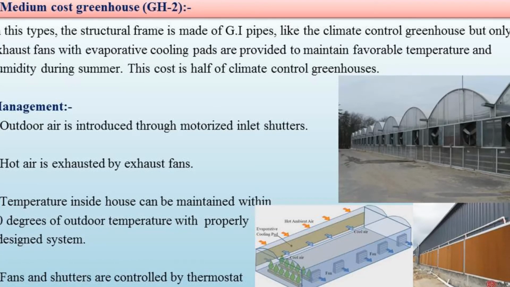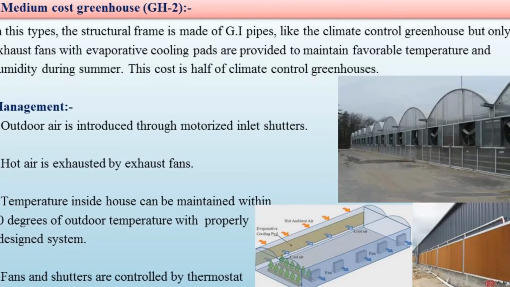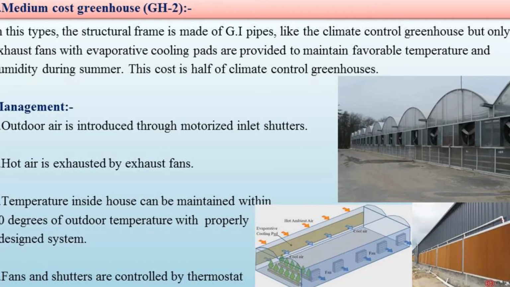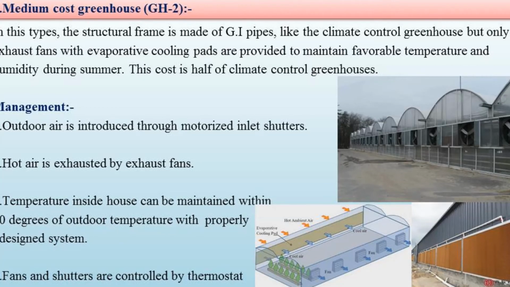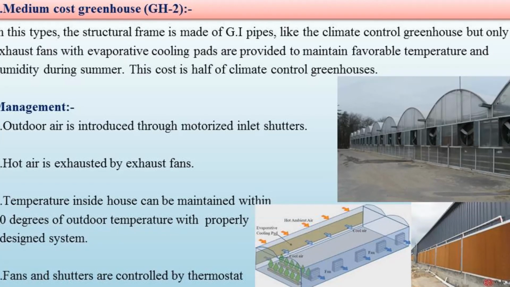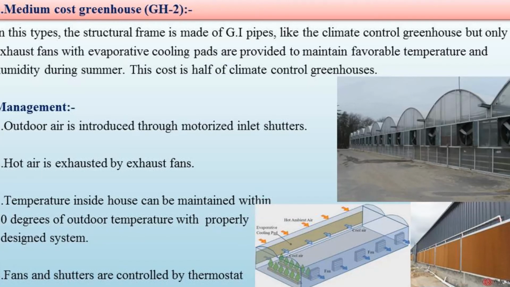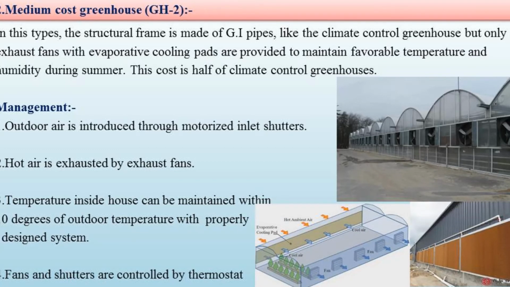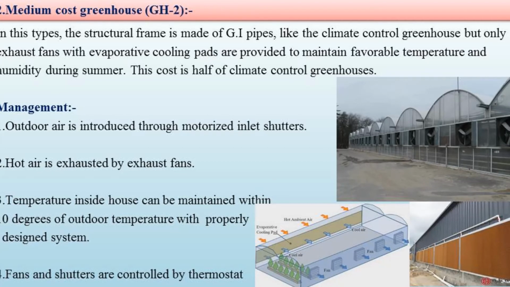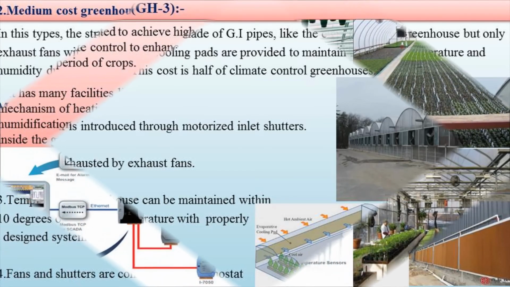By this method, the temperature of the greenhouse can be reduced by about 3 to 12 degrees Celsius, and it is possible to control the climatic conditions inside the polyhouse and provide optimum temperature and humidity for growth of the crops.